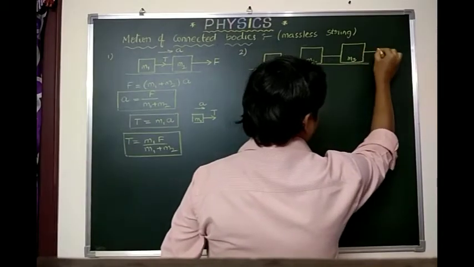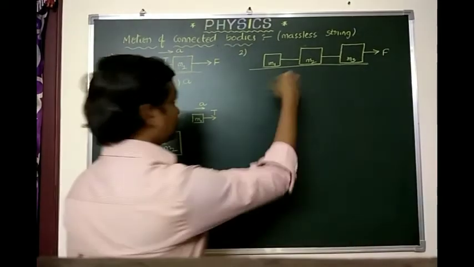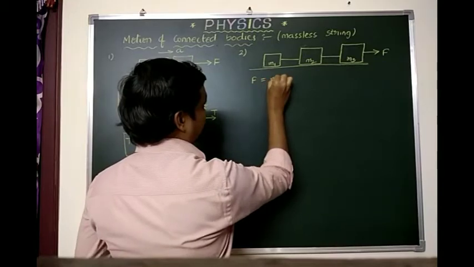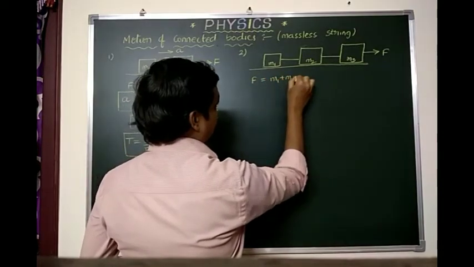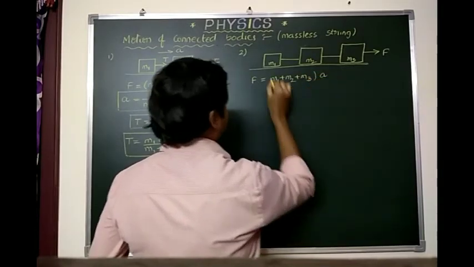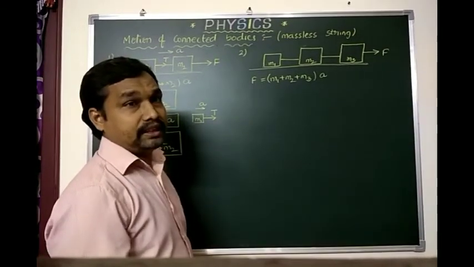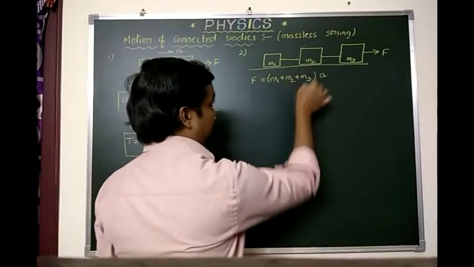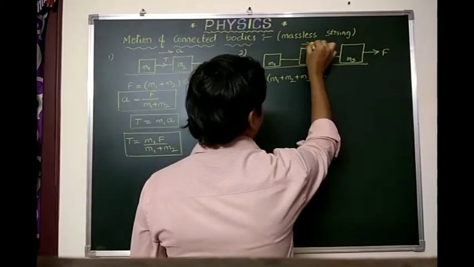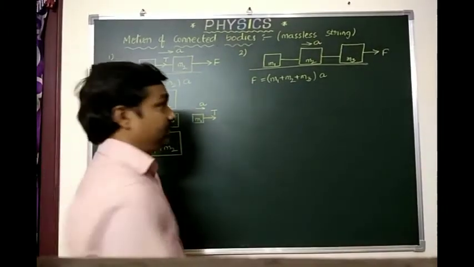There is a force exerting on the bigger block. What is the acceleration of the system? F equals (M1 plus M2 plus M3) into acceleration A, because we combine them together and consider them as a system. So the total mass of the system into acceleration A. The three blocks are moving with the same acceleration in the forward direction.